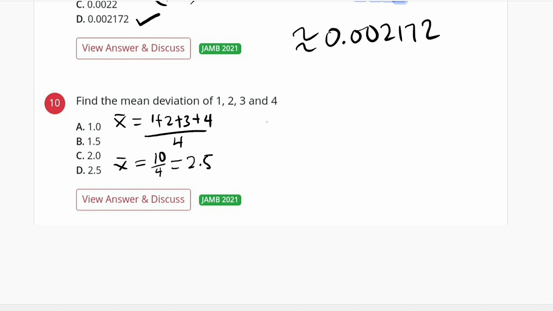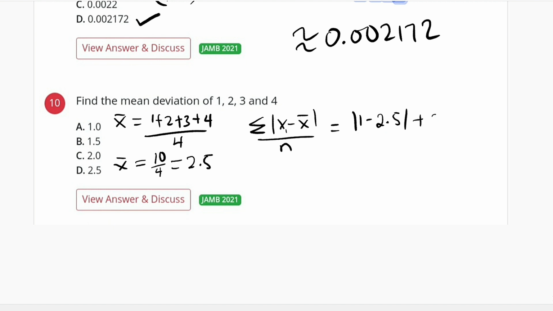And mean deviation is the summation of the absolute value of x minus x bar, divided by n. So let's do that. We take every single element here and subtract the mean. So this is equal to 1 minus 2.5 in an absolute form.